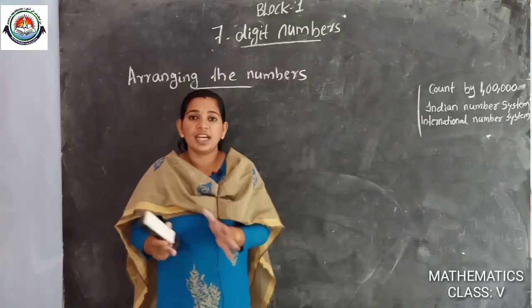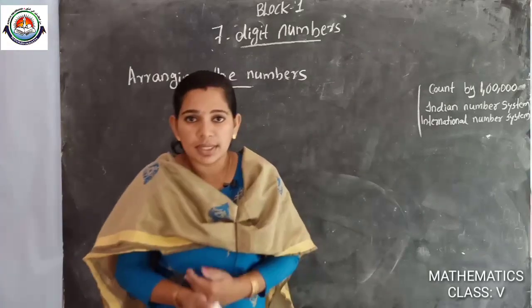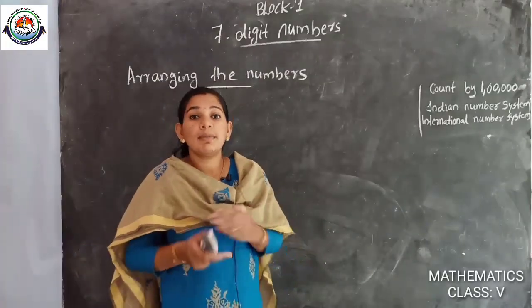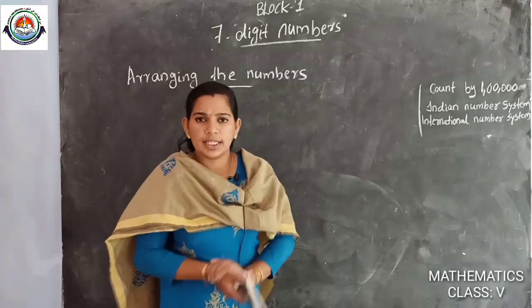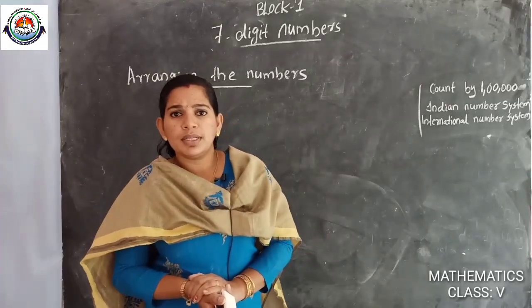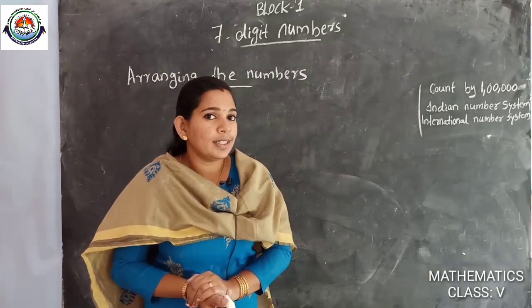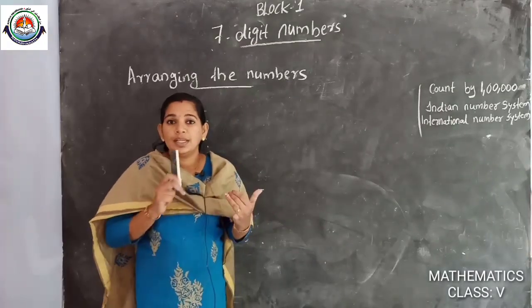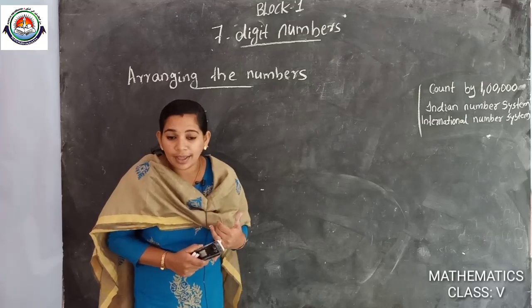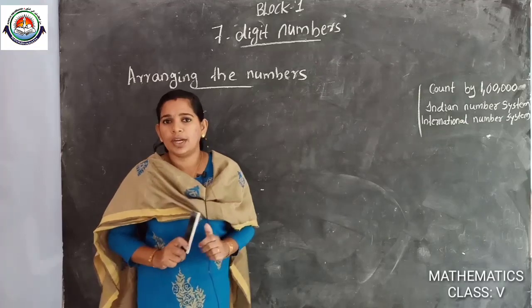Like that, we arrange the numbers in some order. In lower classes, you studied arranging the numbers. How many orders are there? 2 orders. What are they? Ascending order, then descending order.